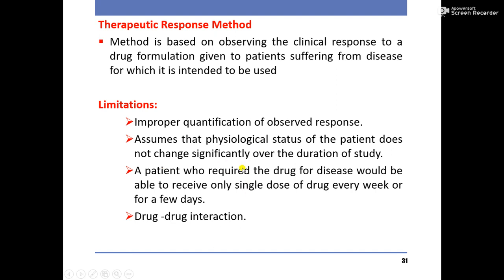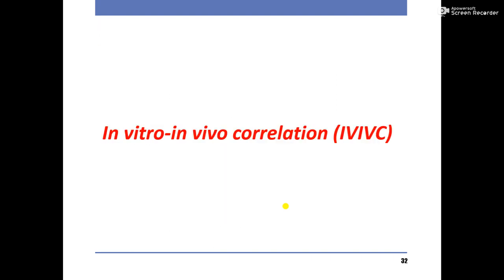A patient who requires the drug for disease would be able to receive only a single dose of a drug every week or a few days. Drug-drug interactions should also be investigated.